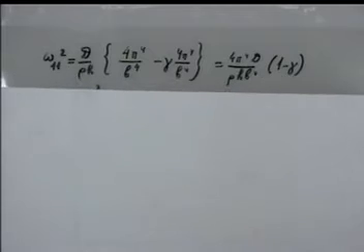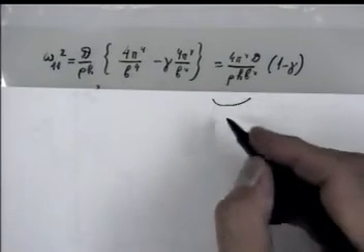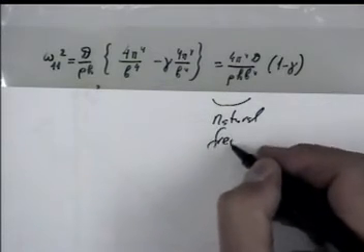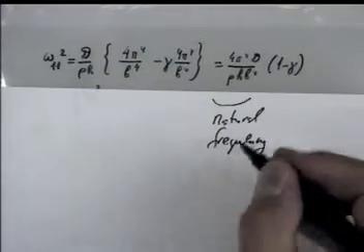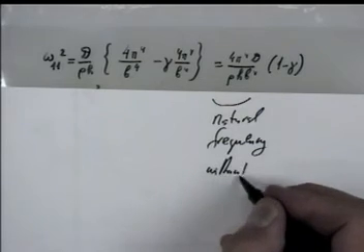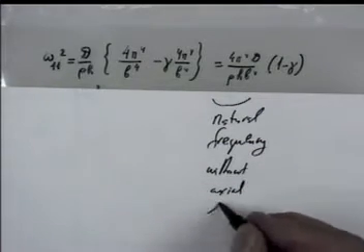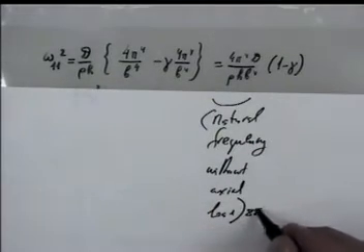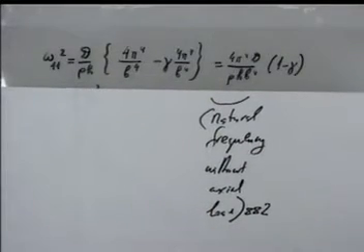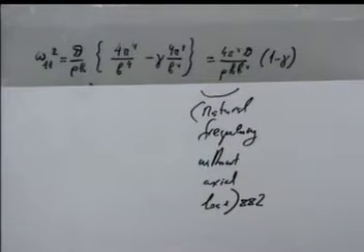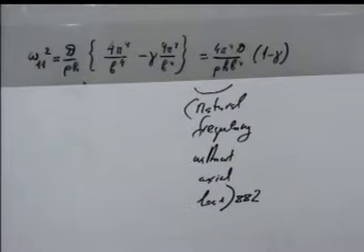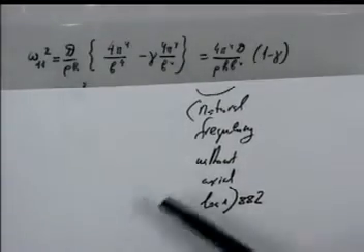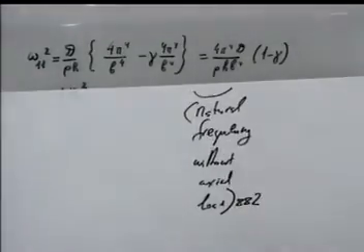So you may want to write down here: natural frequency without axial load, and maybe like this, squared. If there was no axial load, then that is what natural frequency would be.